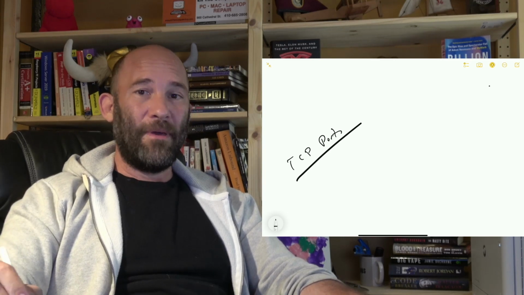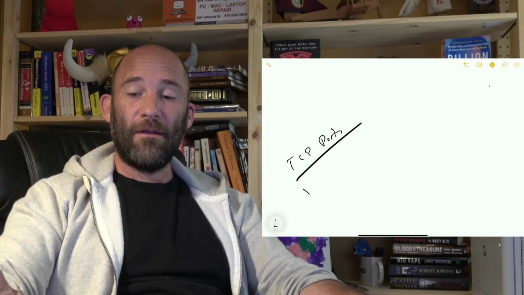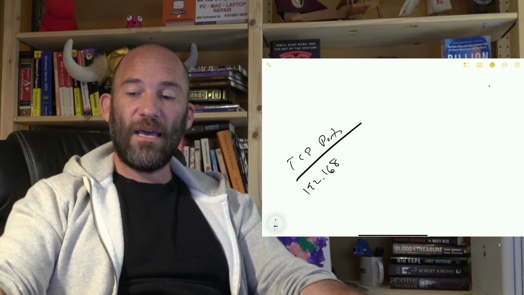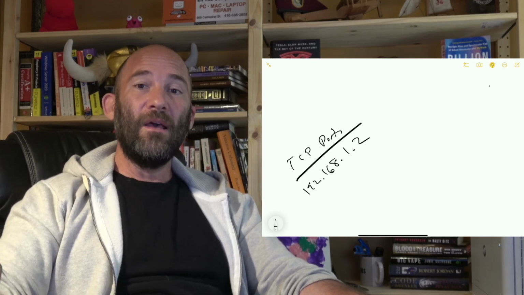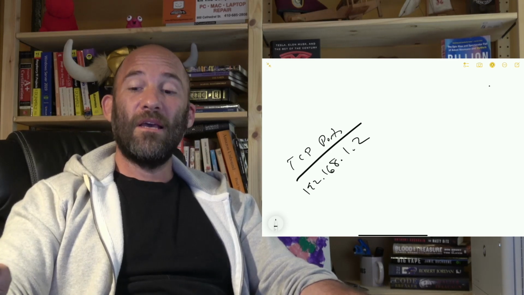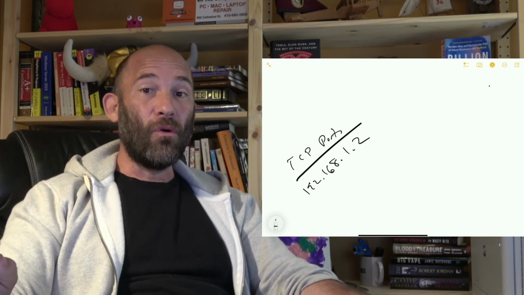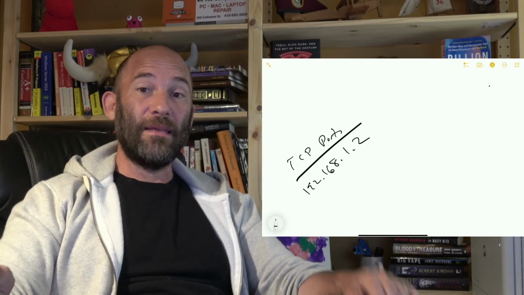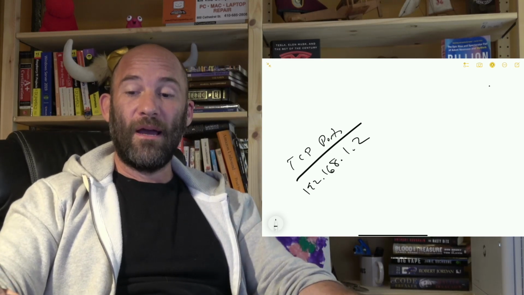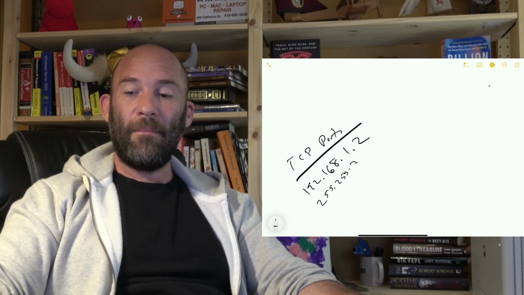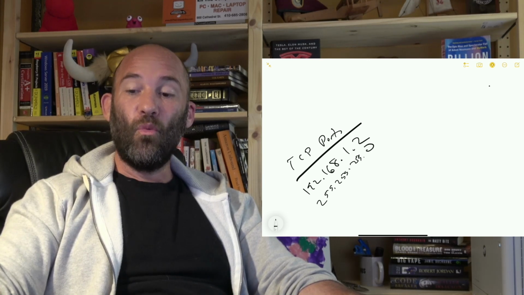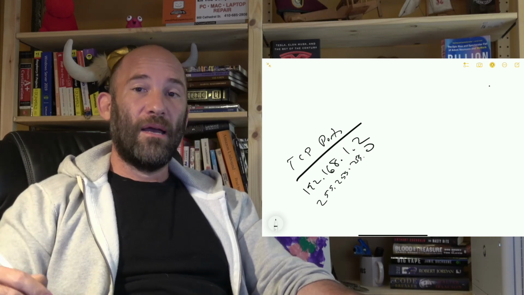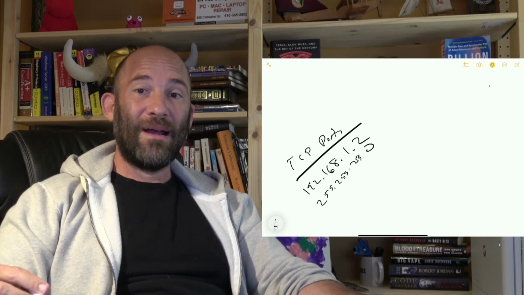So we talked about IP addresses before. When we talk about an IP address, 192.168.1.2, you get the identifier for the computer, and you also get the identifier for the network, right? Your subnet mask, I said that word again, is what shows you where the network identifier ends and where the computer identifier begins.